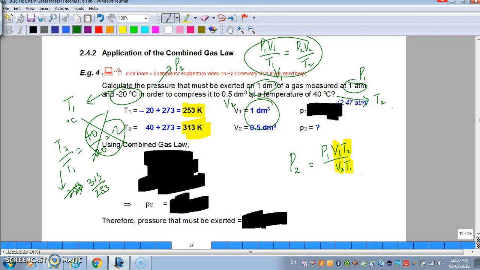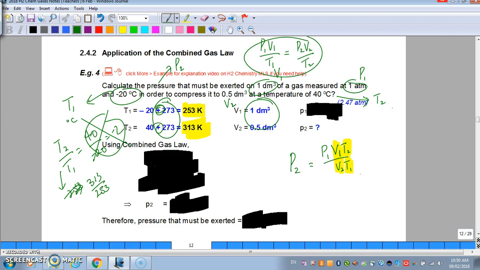So why can't you take the Celsius values and divide? It is because when you convert between Celsius and Kelvin, there is a plus 273 factor. So in any calculation involving a ratio, like temperature 2 divided by temperature 1, there is an addition factor here, so you cannot do the cancellation.